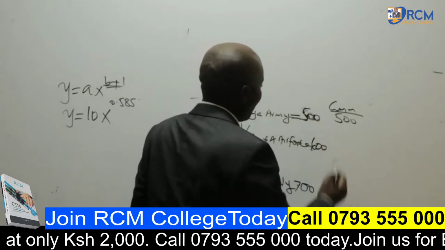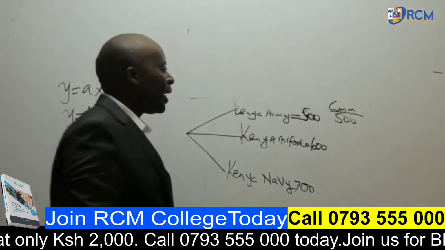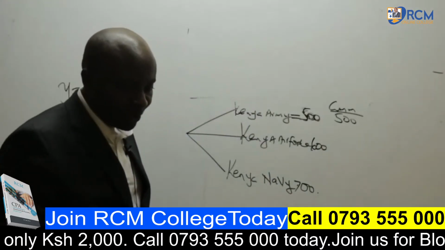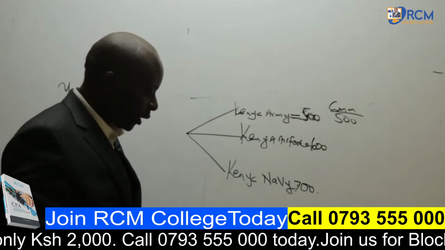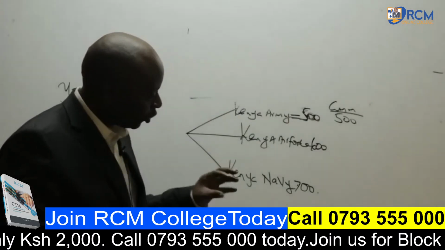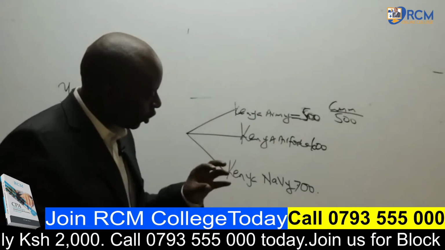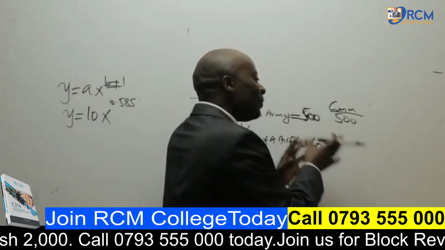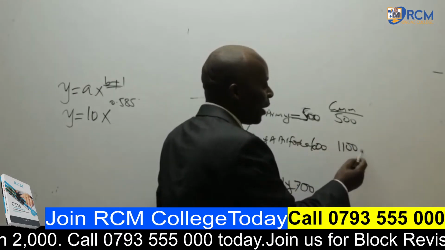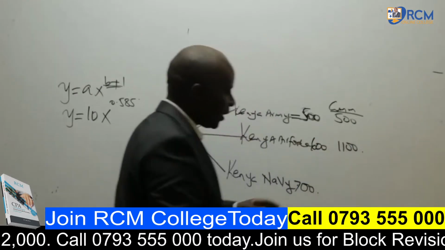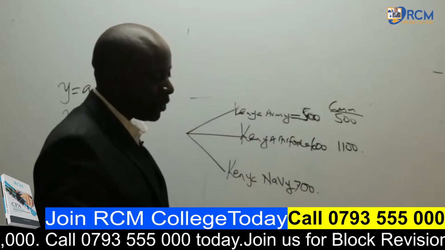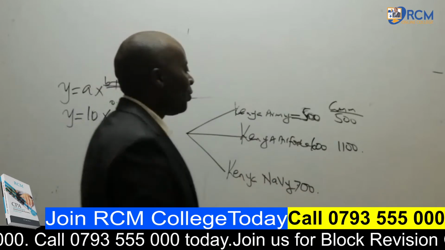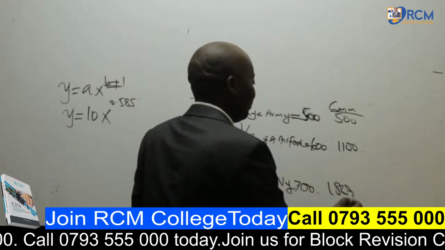Once I deliver my order for Kenya Army, I will have produced 500, because the experience curve is out of the total produced. When I produce Air Force, I produce 600, then automatically plus the 500 I delivered earlier, I'll talk of 1100. Right? So 1100 plus 700 gives me what figure? Somebody here? 1800. Thank you very much.